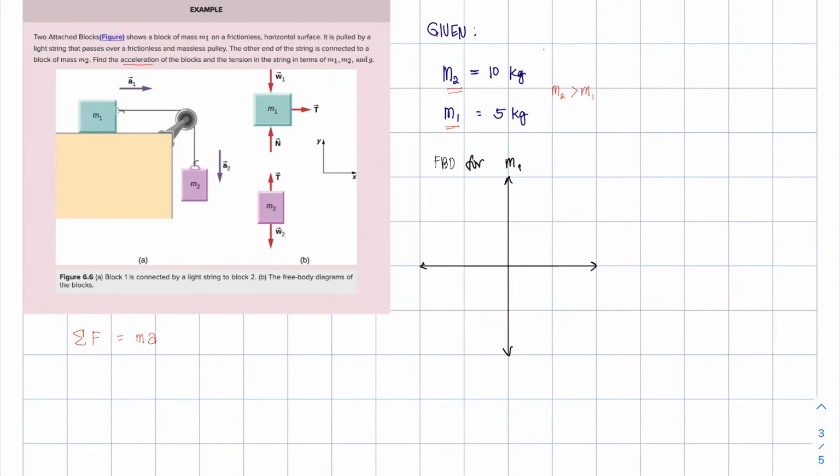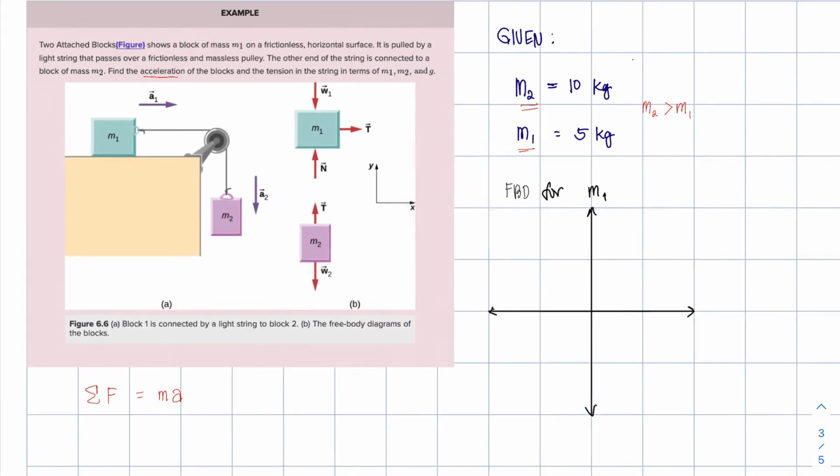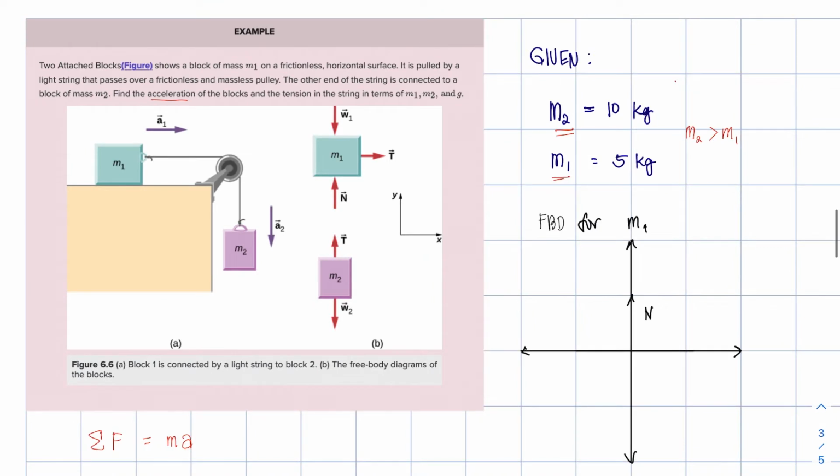For mass 1, there is a contact between your surface and your mass, so you have your normal force directed upward. And then you also have the weight of mass 1 going down. So you have W1, meaning the weight of mass 1.